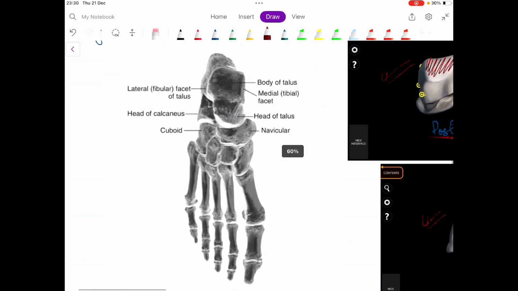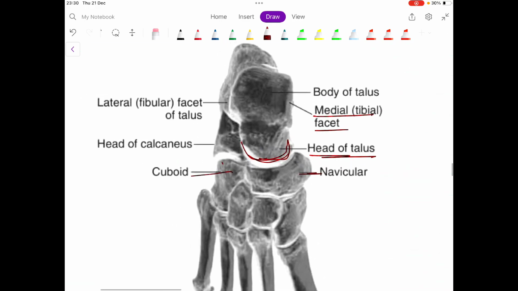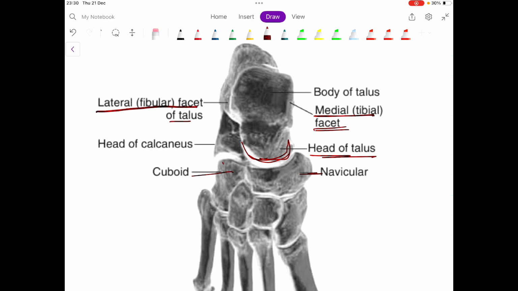So, all right, now let's move on to a different image. So in this image, as you can see here, this one is your medial facet, medial tibial facet, okay. This one is your head of talus, here this one is your head of talus, here is your navicular bone, this one is your cuboid bone. There is nothing more to see, just to understand where is your medial facet and where is your lateral facet.